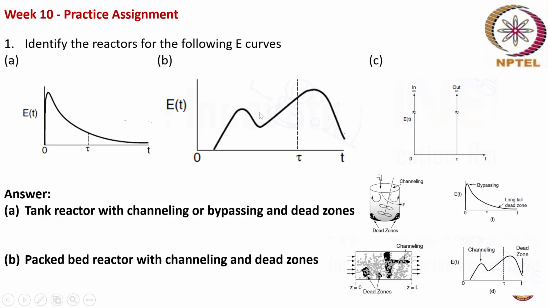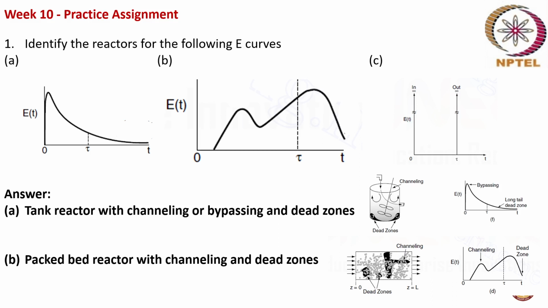So the first peak represents the channeling. Here again, in these reactors there are dead zones where the fluid finds a lot of restrictions because of a lot of particles in that particular area, due to the non-uniformity in packing.